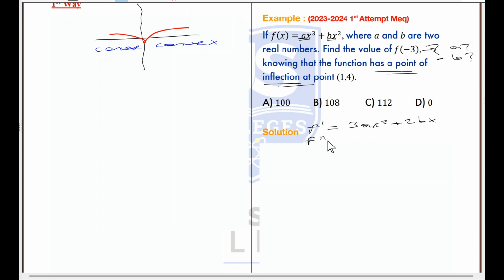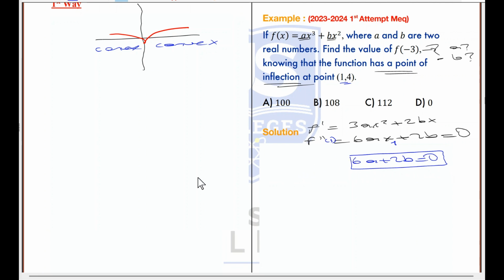Second derivative: 6ax plus 2b. So if there is a point of inflection, second derivative is equal to 0, at which value? At x equals 1. So when you give 1 to x, 6a plus 2b will be 0. So I got an equation.